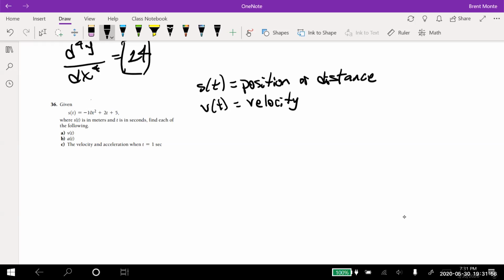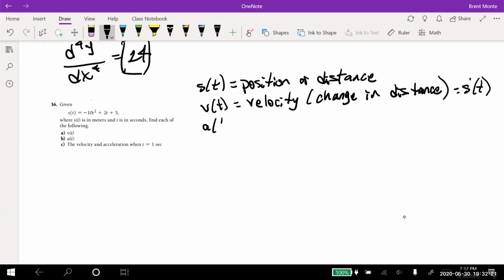It's how quickly your position or your distance is changing. So this is change in distance or position. Well, that's going to be S prime of t. It's the derivative. It's the rate of change of your position. It's how fast you're moving.